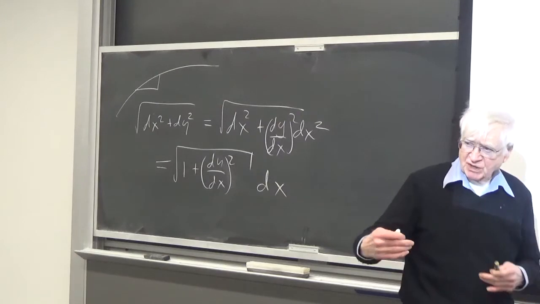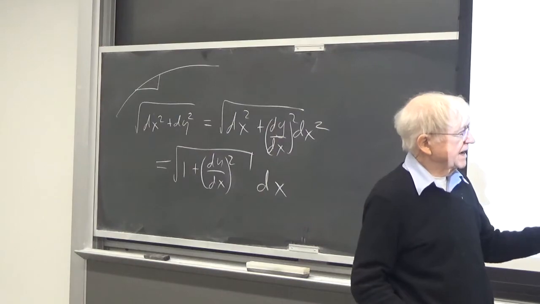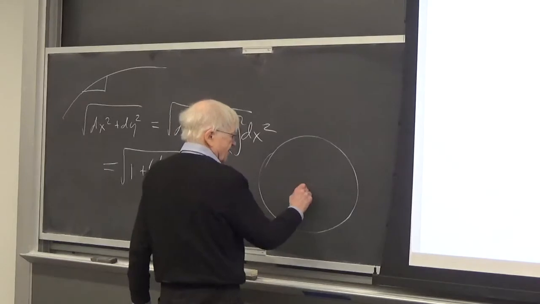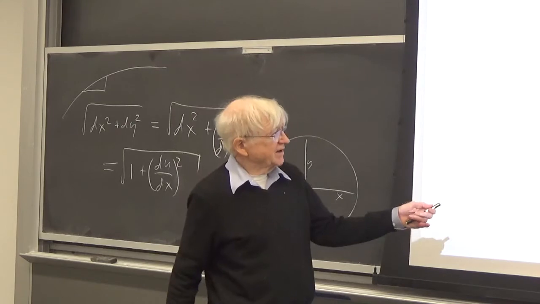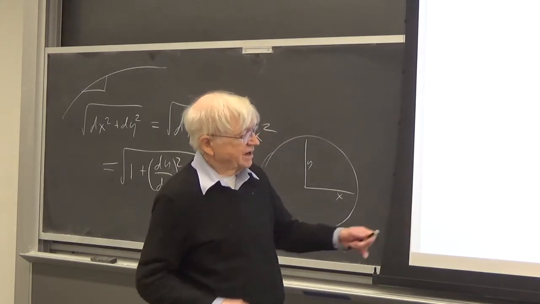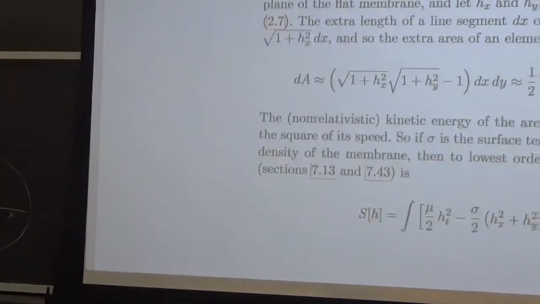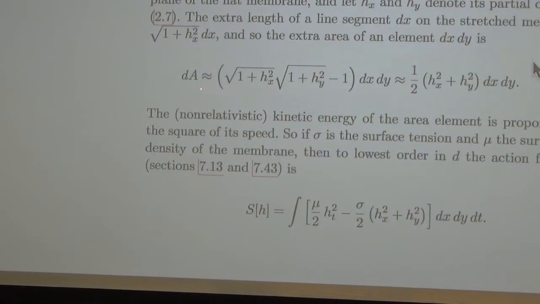And if you also look at an interval perpendicular to that on the surface of the drum, and you call x and y the coordinates, here's the surface of the drum, then you have this formula for the length of the small element of surface length in the y direction. And so the extra area is those two multiplied together minus 1 times dx dy.